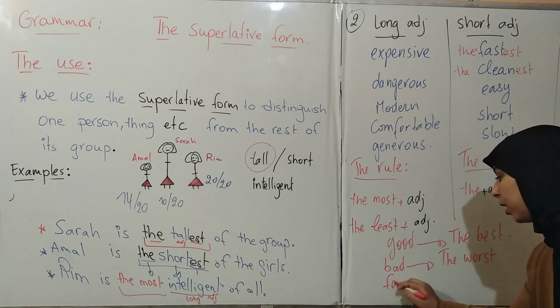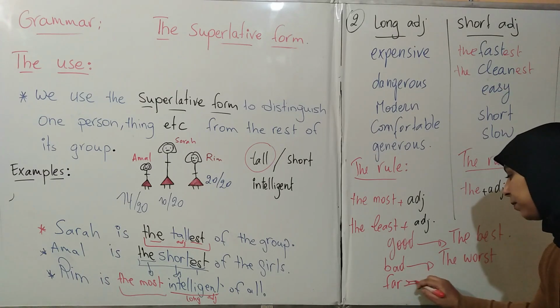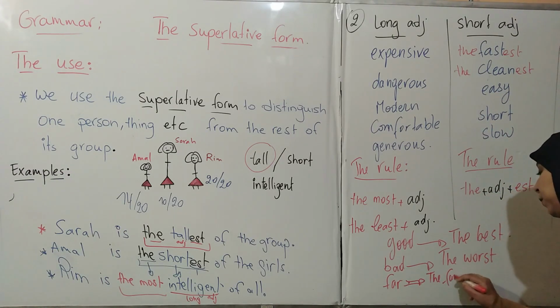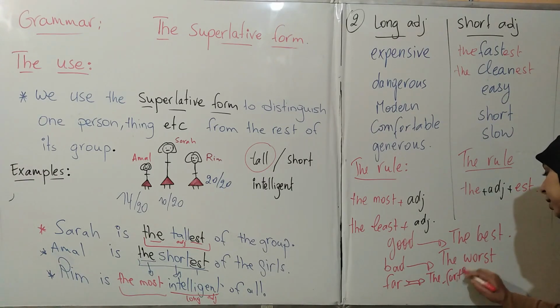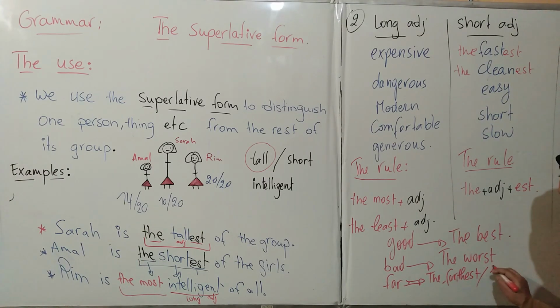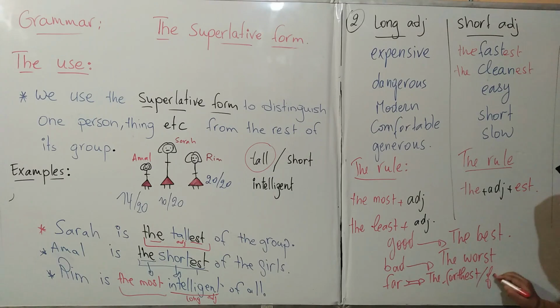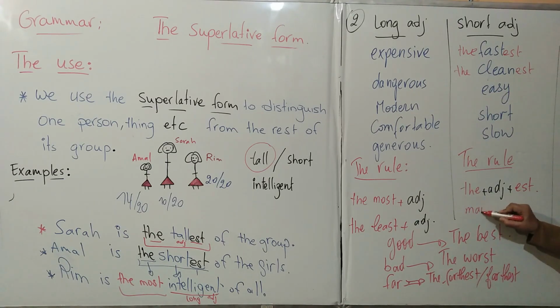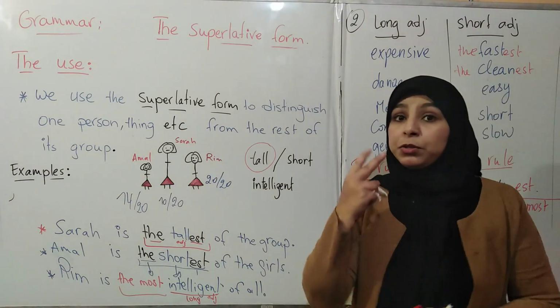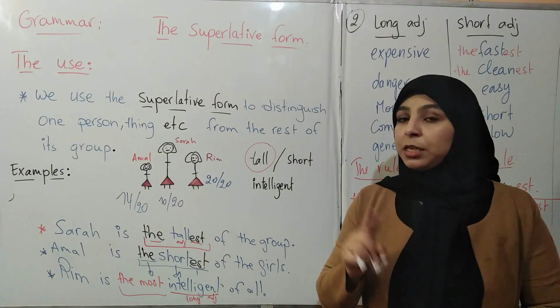And far can be the furthest or the farthest. Many, I will write it here, the superlative form of many is the most, right? Clear? Again, two things you have to pay attention to.